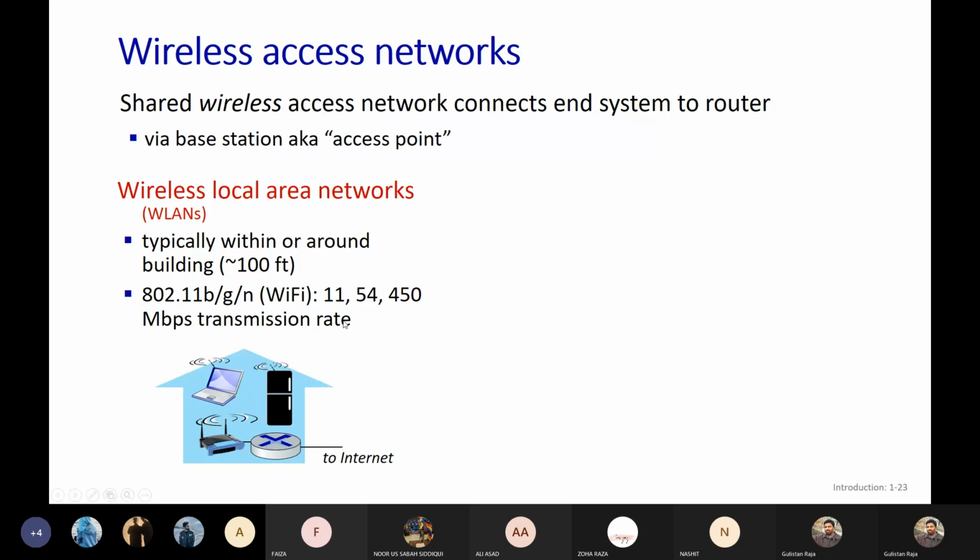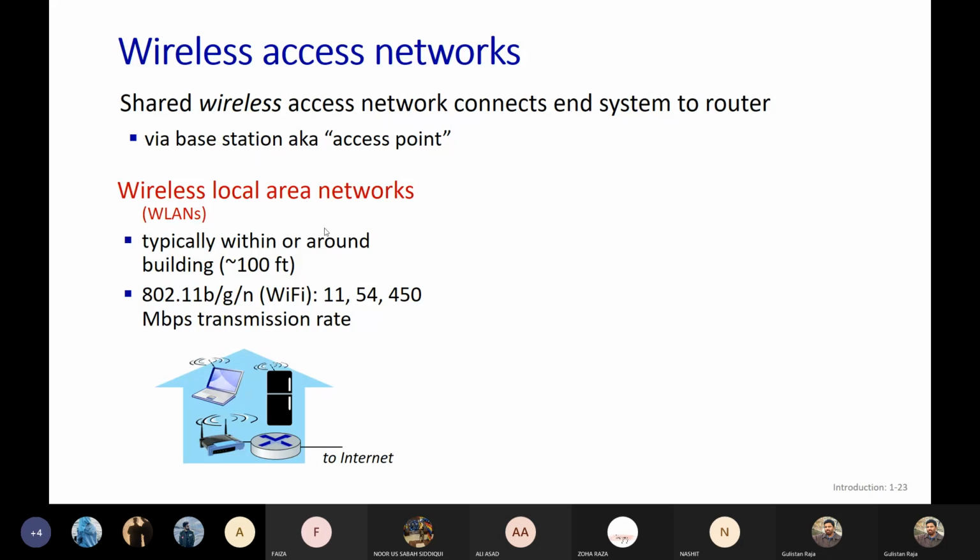Another way of doing wireless access is known as WLANs, or wireless local area networks. A local area network is a network within a single building, campus, or organization under one administrative control.